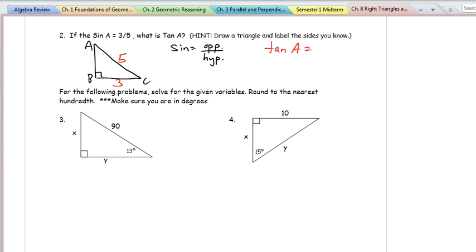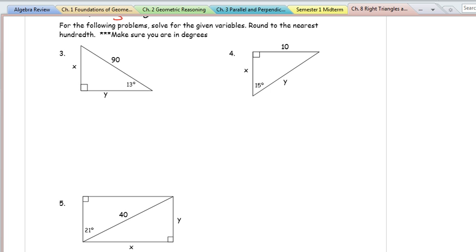And we want to be able to write a ratio. Well, tangent of A is going to be opposite, which is 3 over, we don't know what the adjacent is, so we have to find it. Again, a little Pythagorean theorem here, you would do a squared plus b squared equals c squared, or you may know by now that this is a 3, 4, 5 right triangle, and there would be your tangent. So again, just using pieces to find some other information.